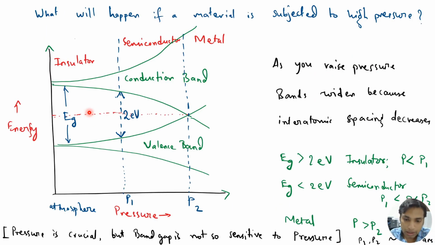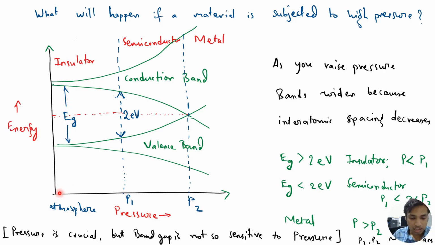Now what will happen if the material is subjected to very high pressure? On the x-axis we have pressure, and here we have energy level. This is one band at atmospheric pressure, and this is another band, and this is your energy band gap.